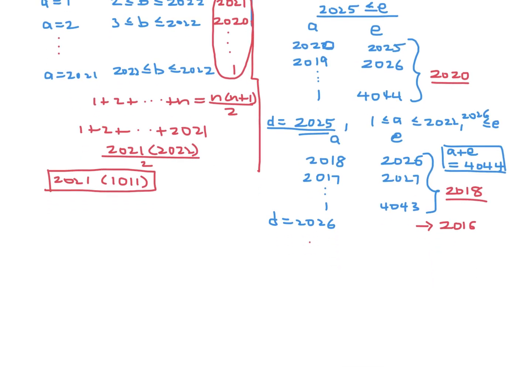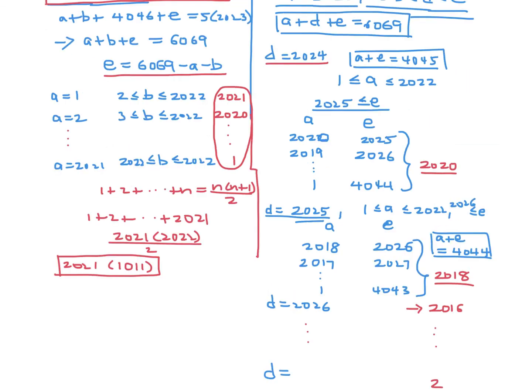And then eventually, this would come down to just 2 cases for the last D, for a value of D of, I believe, 3033.